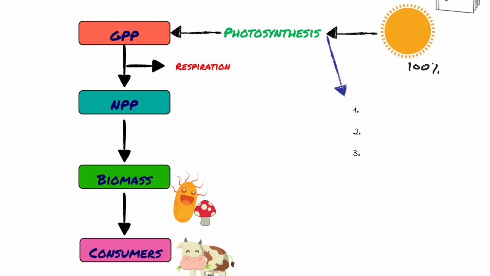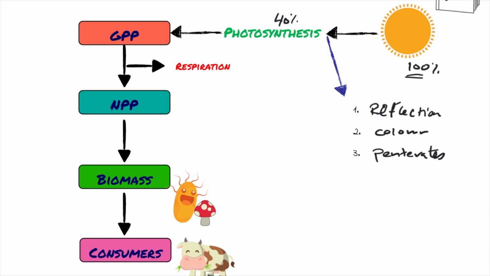So we have reflection, we have the color of light or the wavelength, and we also have the fact that light penetrates without hitting the chlorophyll molecules. So we were left here with just 40 of the original 100.